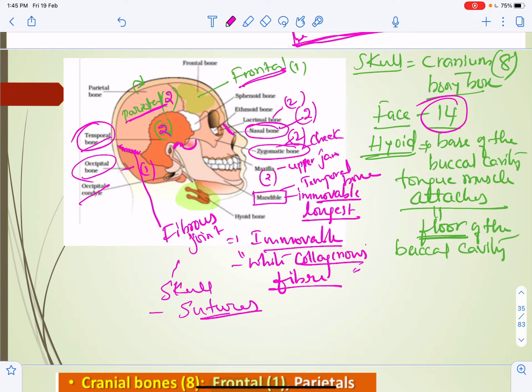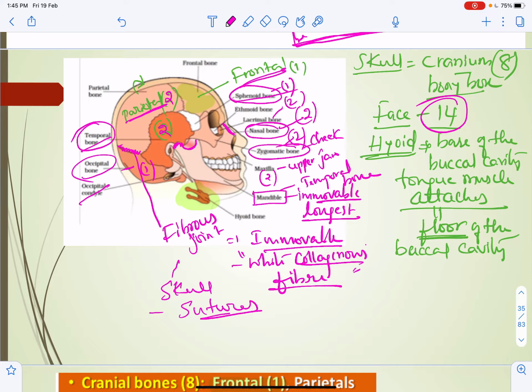Next, the sphenoid bone is 1, and the occipital, which also relate to the skull only. That is what you have to keep in mind.